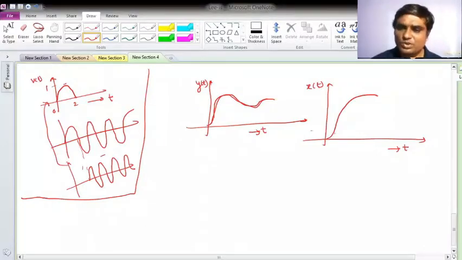Before going into the impulse function, let us see in what way we can approximate. Suppose I take this signal, and I form it like this.